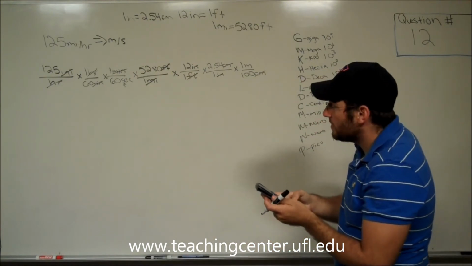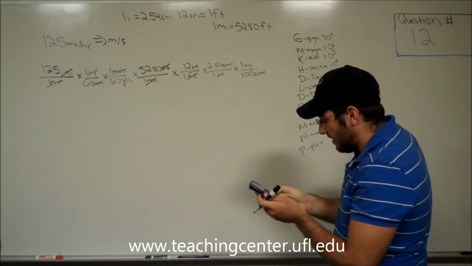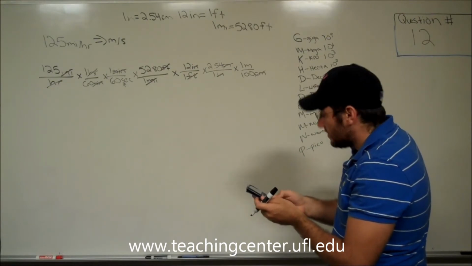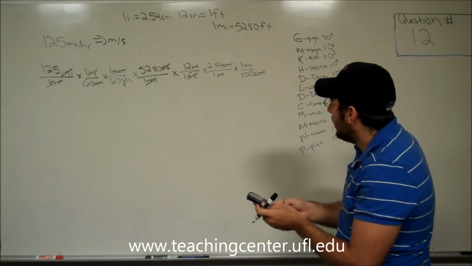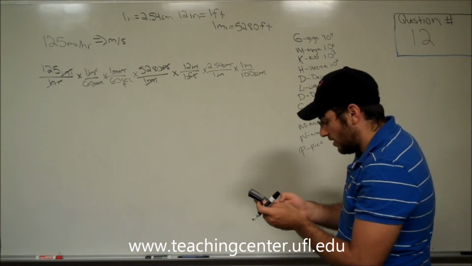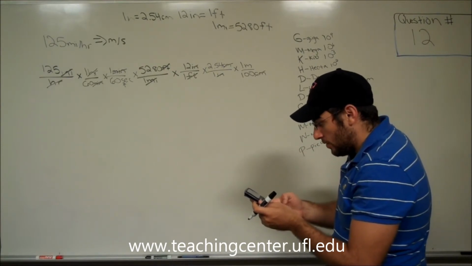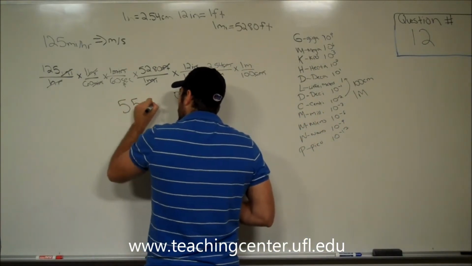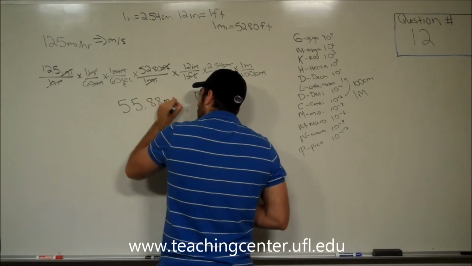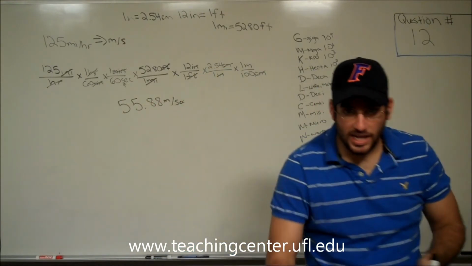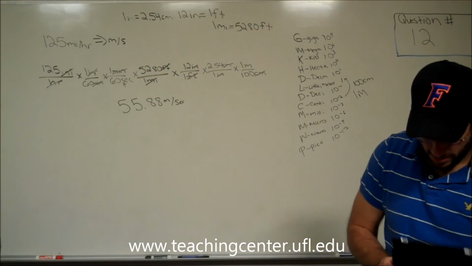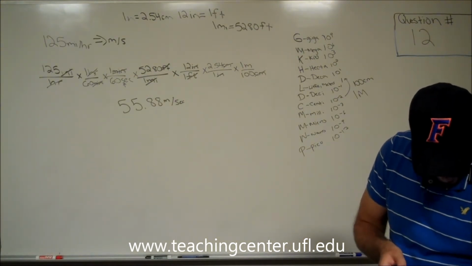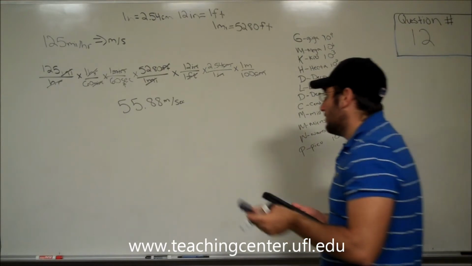So if we plug all of this in our calculator, 125 divided by 60 times 5,280 times 12 times 2.54 divided by 100, we get 55.88 meters per second. And if we check on our test, the correct answer is 55.9 meters per second.